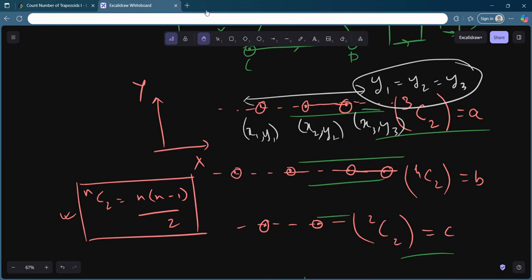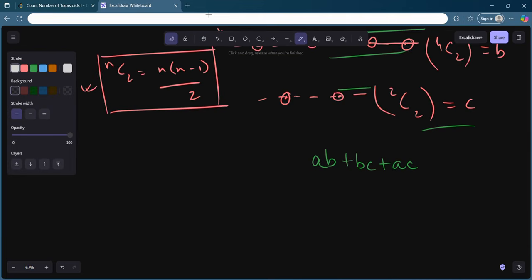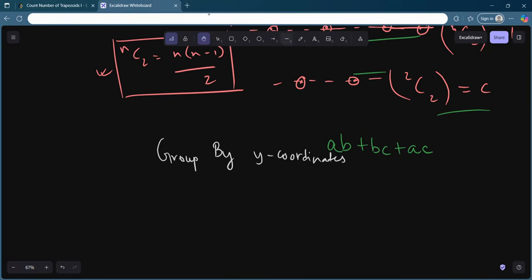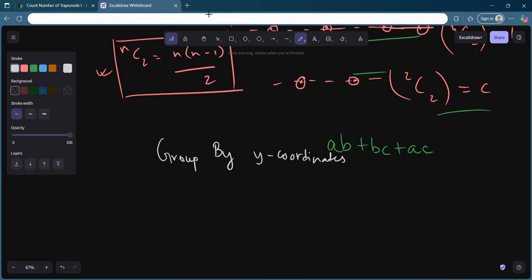So one thing you can easily tell is to group by y coordinates when you are iterating through the points. In short, what you need to do is count the number of points for each y coordinate.